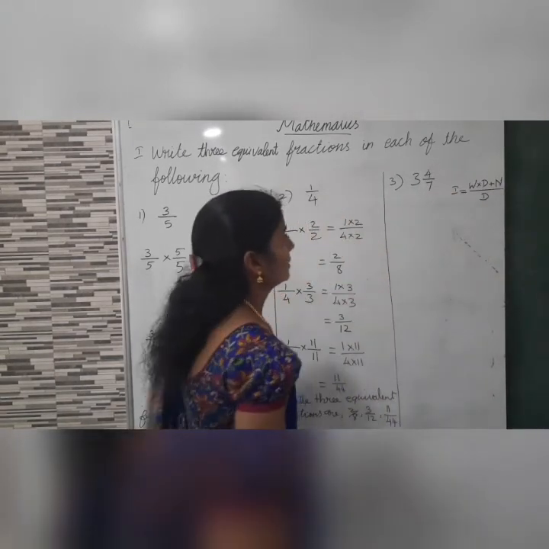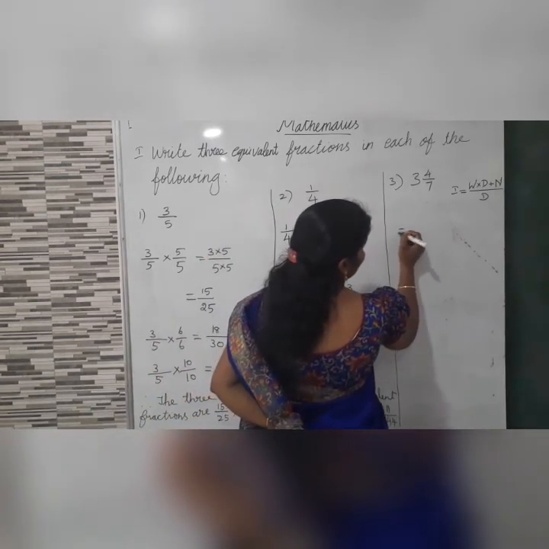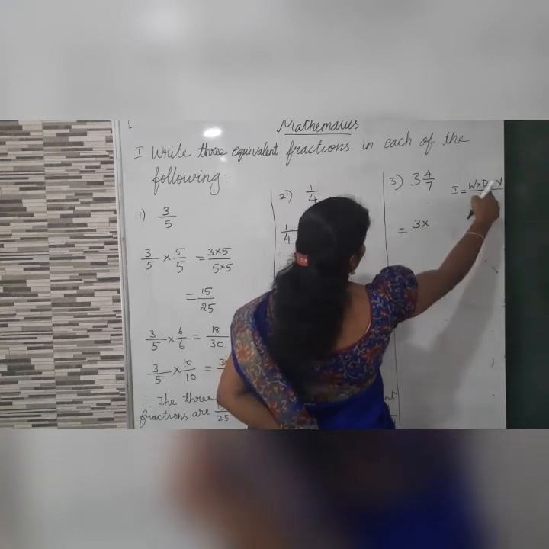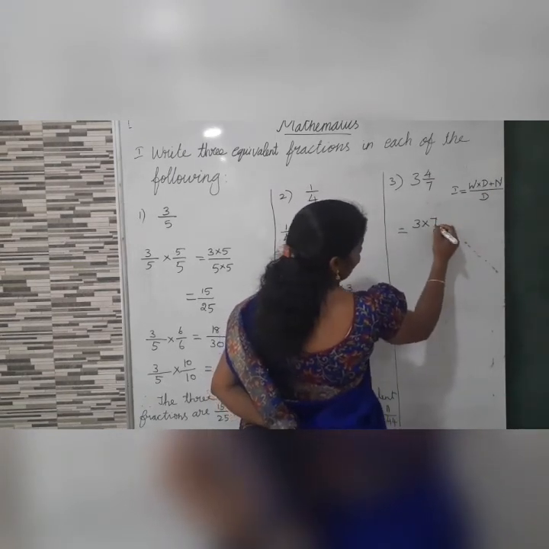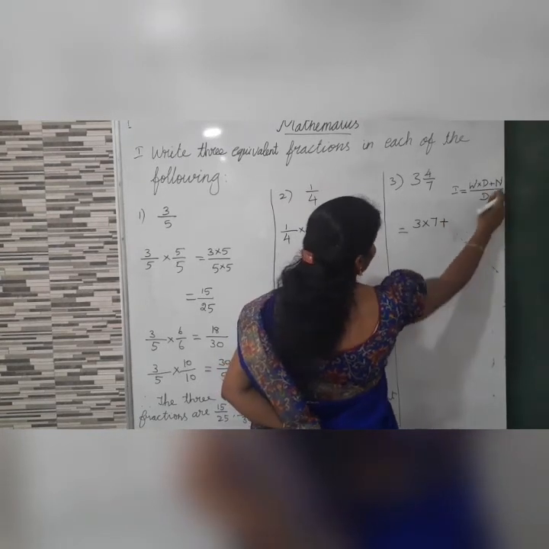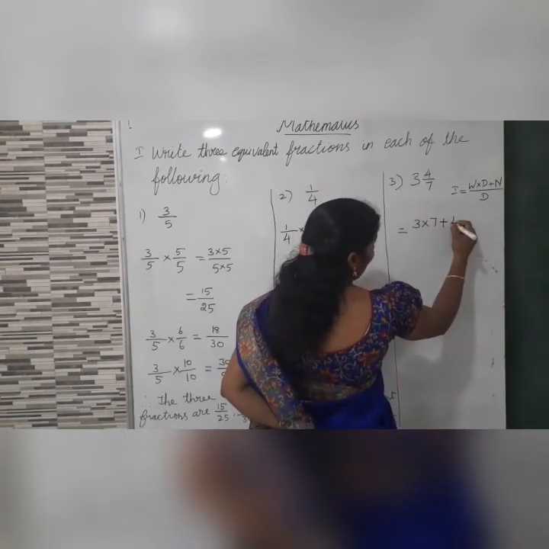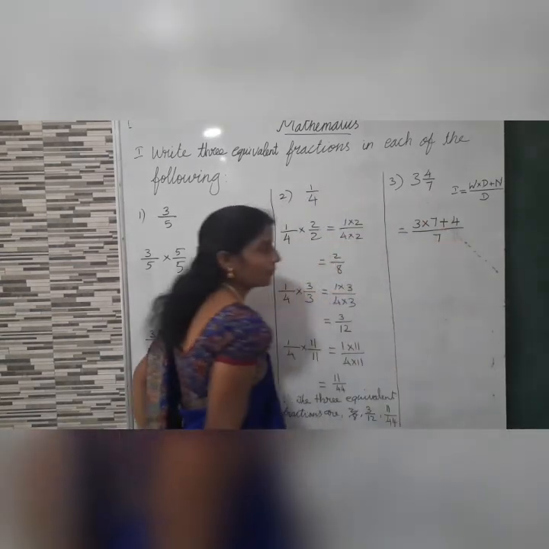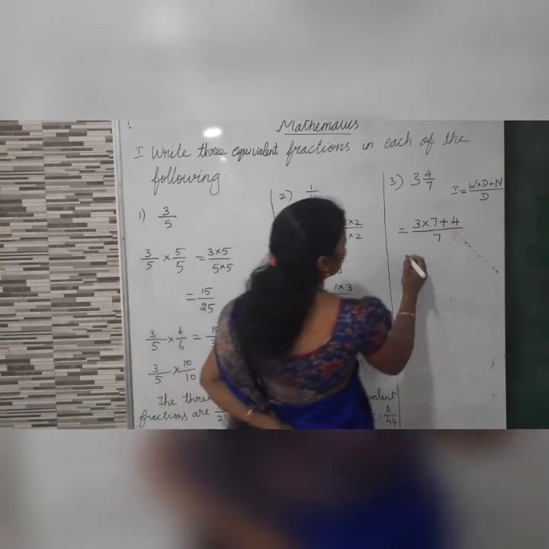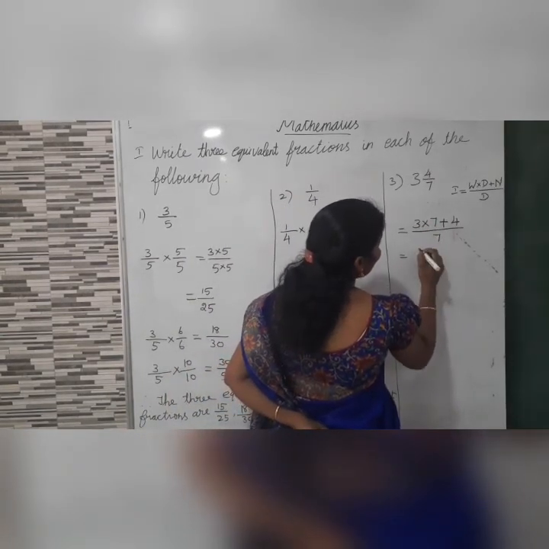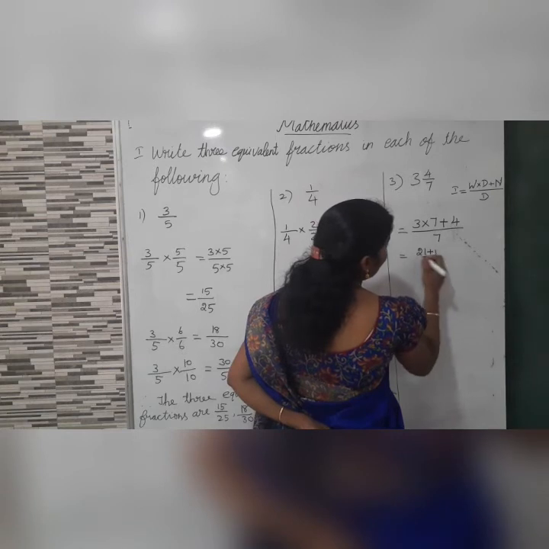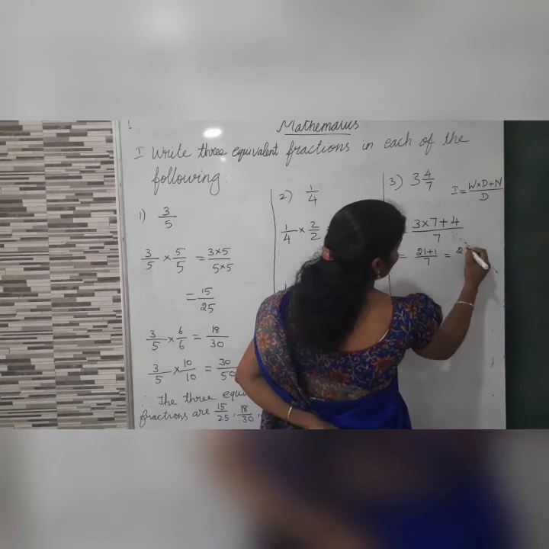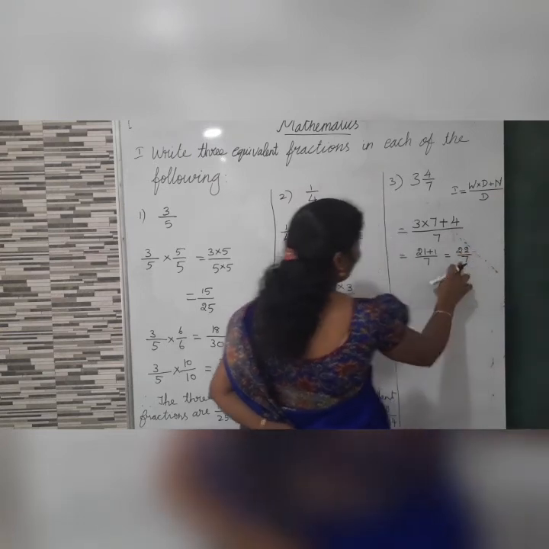What is the whole? 3. 3 into the denominator 7, plus the numerator 4, divided by the denominator 7. 7 3s are 21 plus 4 is 25... equal to 22 by 7. What's the fraction? 22 by 7.